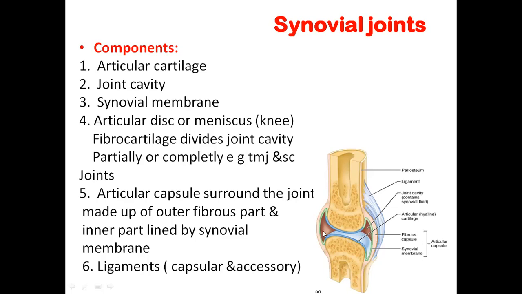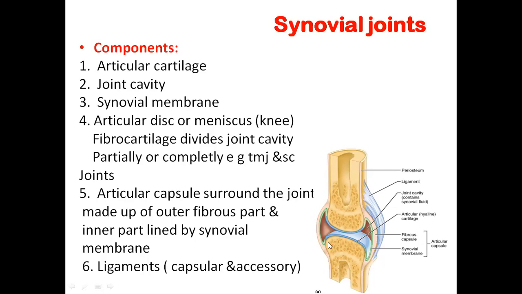But sometimes this fibrocartilaginous structure, the articular disc, is attached to the periphery but ends at some distance over here, meaning it doesn't reach the other end, or it is an incomplete type of fibrocartilage. So it partially divides the cavity into two compartments.